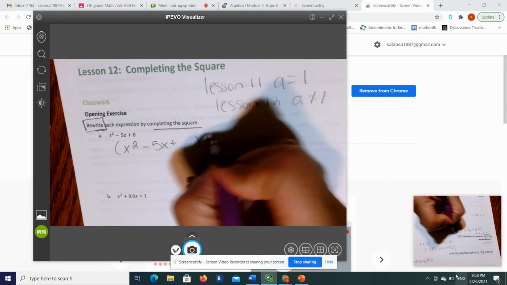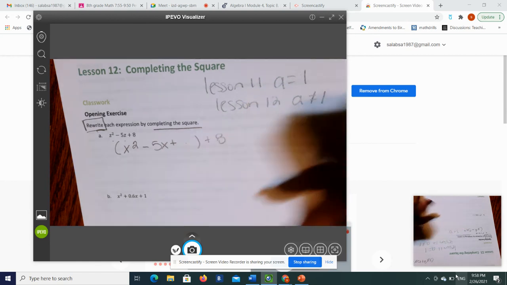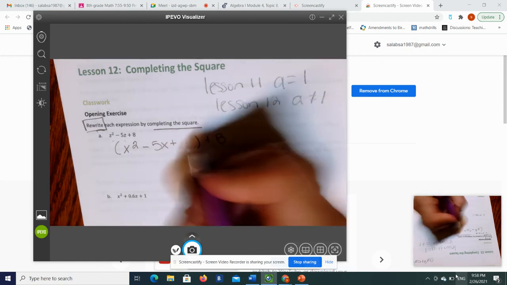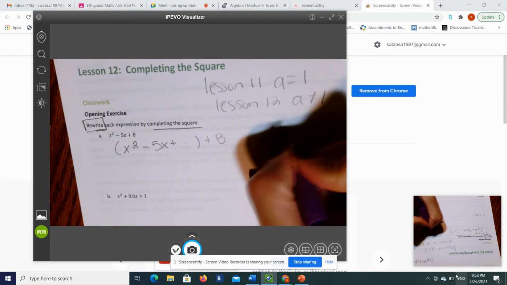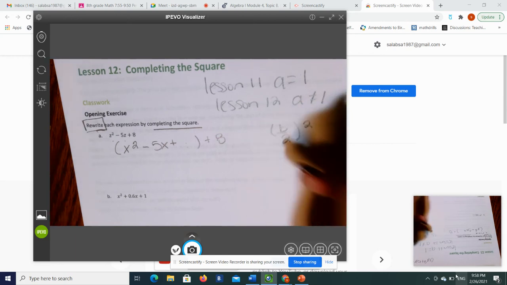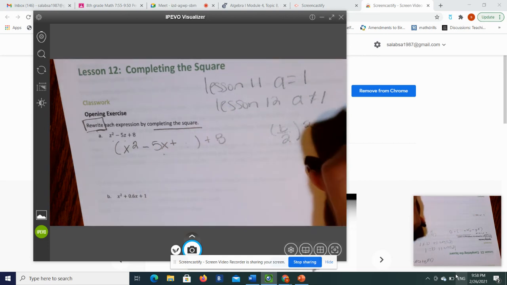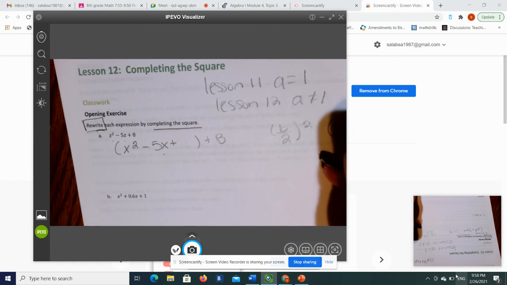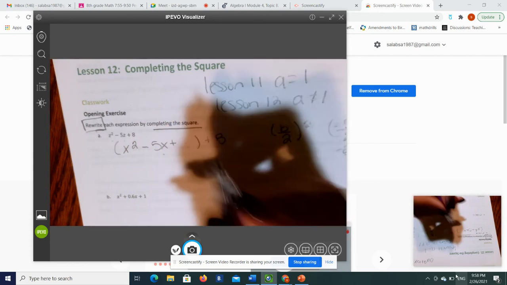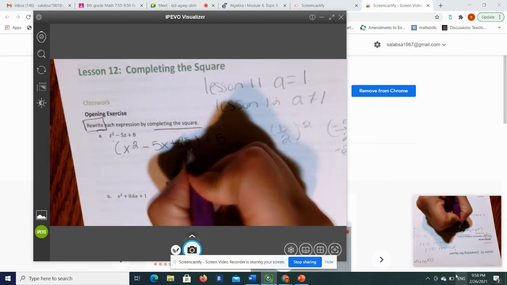Then you have plus 8. In order to figure out what goes here for c, we're going to use our formula, b over 2 squared. Our b is negative 5. So negative 5 over 2 squared. So negative 5 times negative 5 gives you 25, over 2 times 2 is 4. So we're going to put right here 25 over 4.